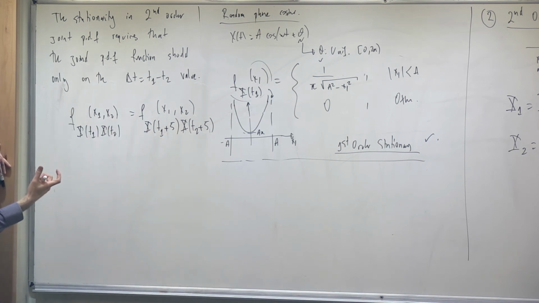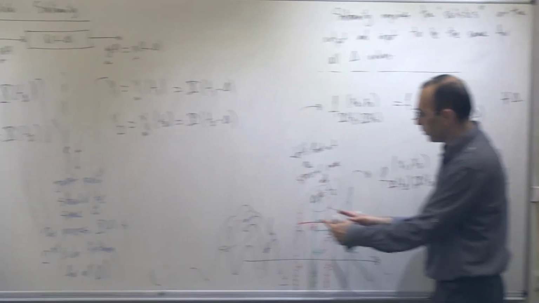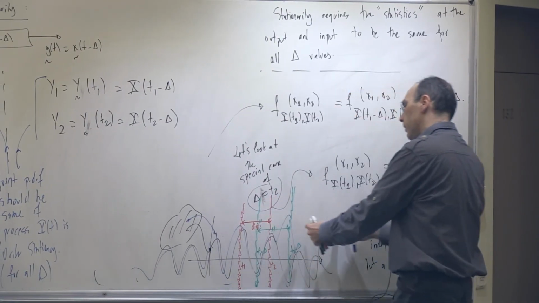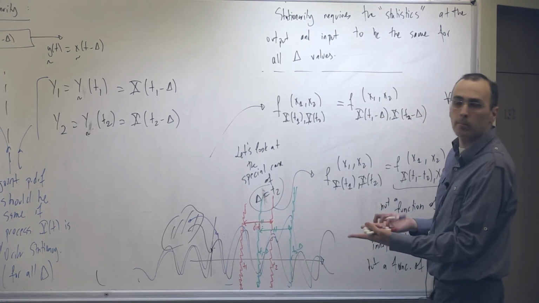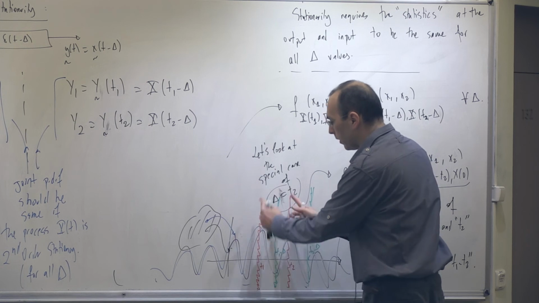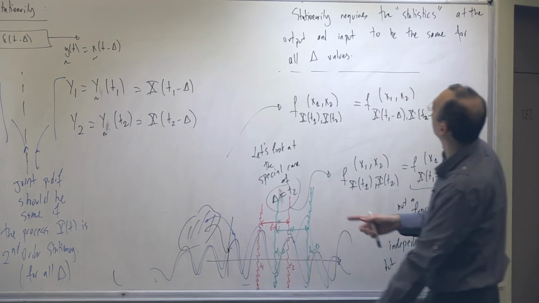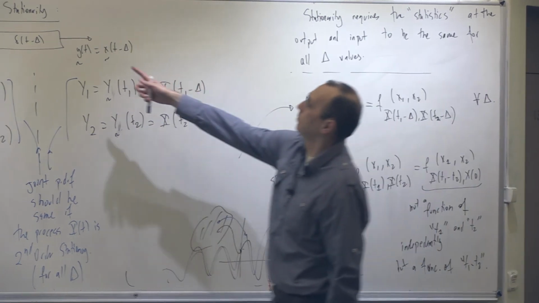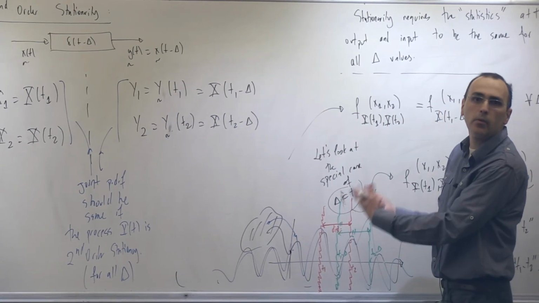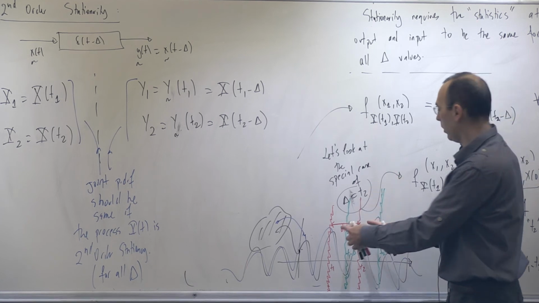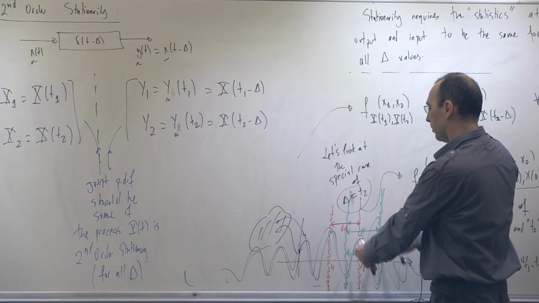But the interesting thing is that the concept of stationarity means if I delay my sampling instances by the same delay amount, nothing should change. Okay? So if I delay my sampling instance by 5 seconds, if I start this experiment 5 seconds later, then I'll be getting these two samples.